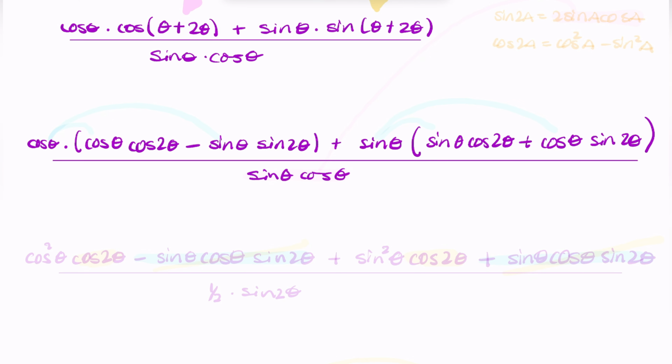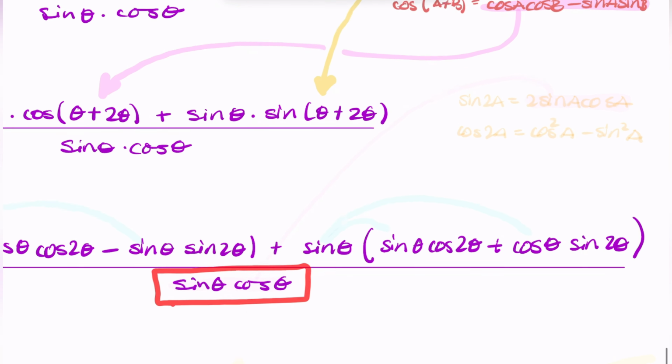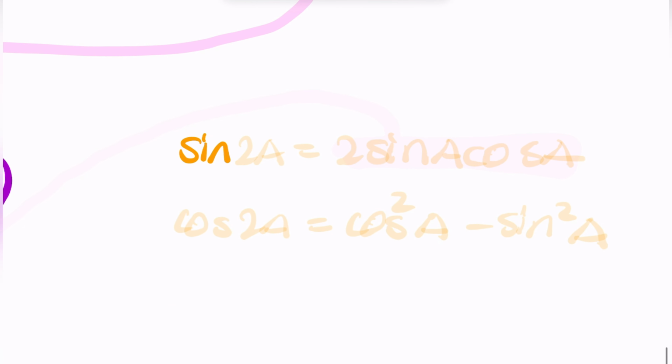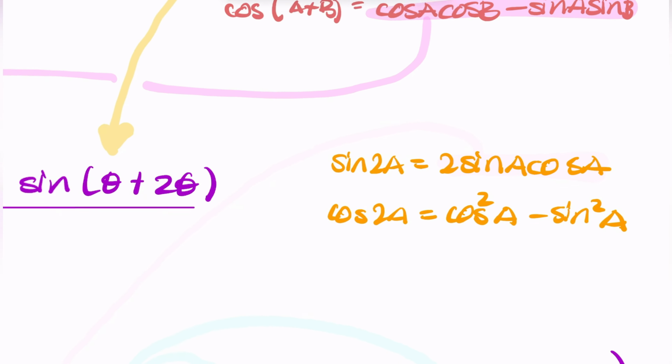So if we look at the denominator, we've got sine theta cosine theta. Now that's a familiar expression. Let me remind you that sine 2A is 2 sine A cosine A, and cosine 2A is cosine squared A minus sine squared A. Again, we can use these two expressions.